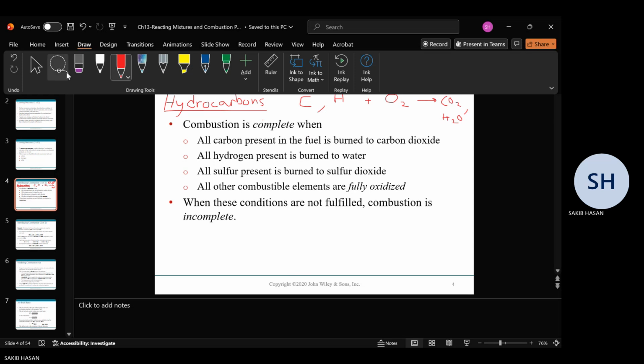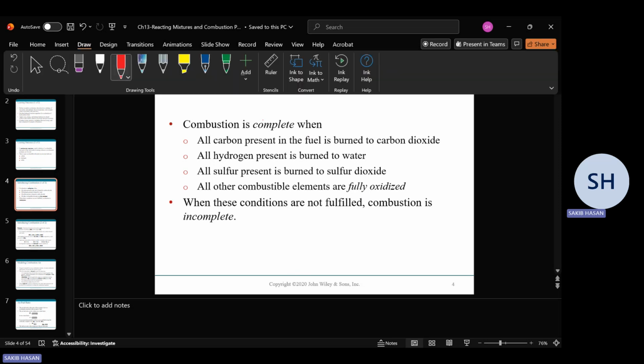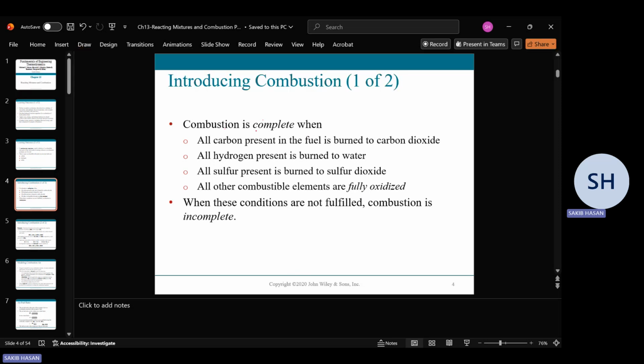The next part where I want to draw your attention to is the type of combustions that you can have. There are two types: you can have what is called a complete combustion, or you could have an incomplete combustion. Now, what is a complete combustion?